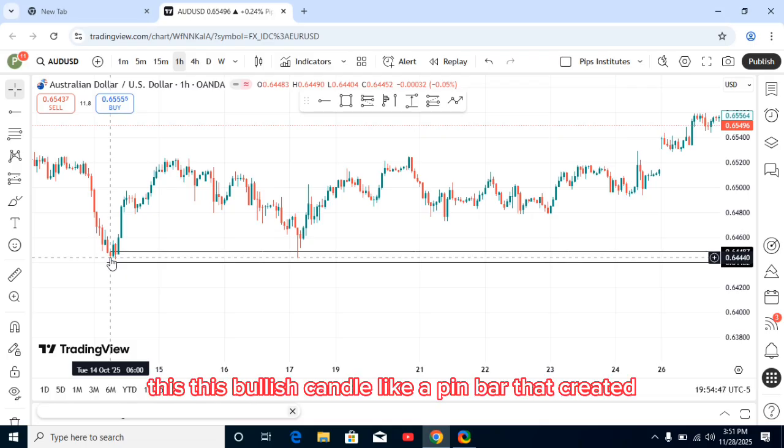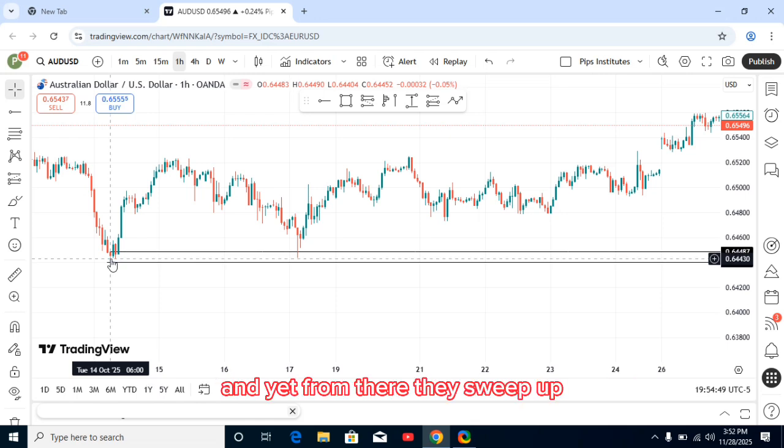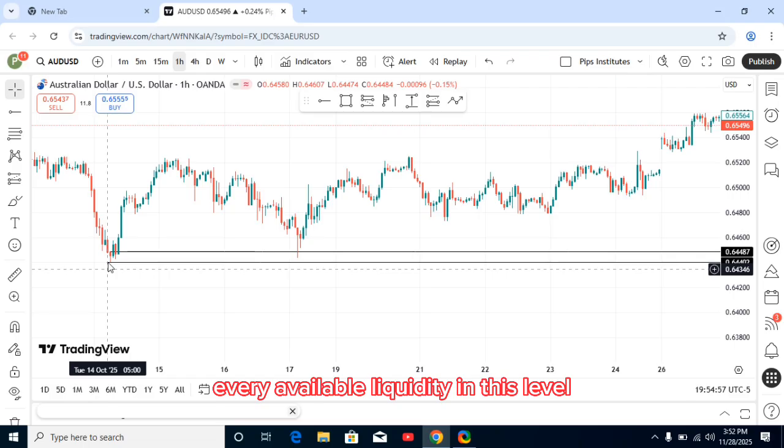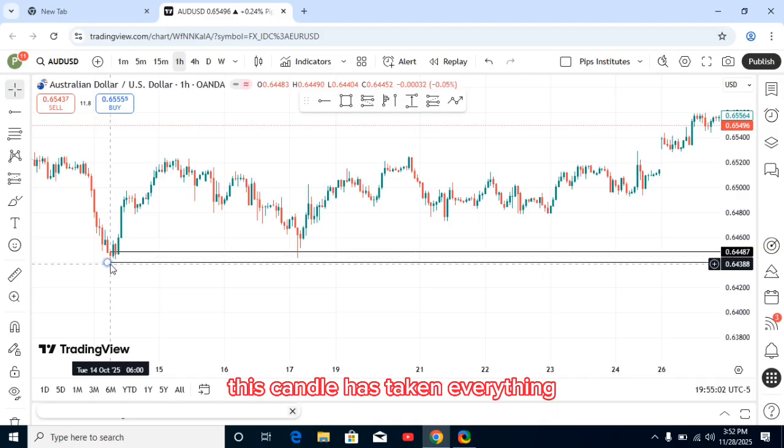This bullish candle, like a pin bar, none of them were able to break it, and yet from there they sweep up. Meaning that every available liquidity at this level, this candle has taken.